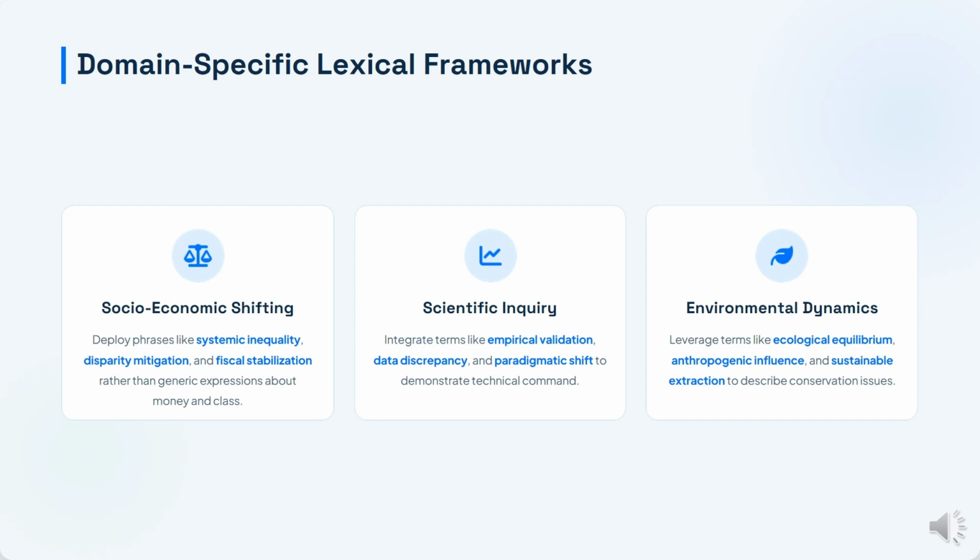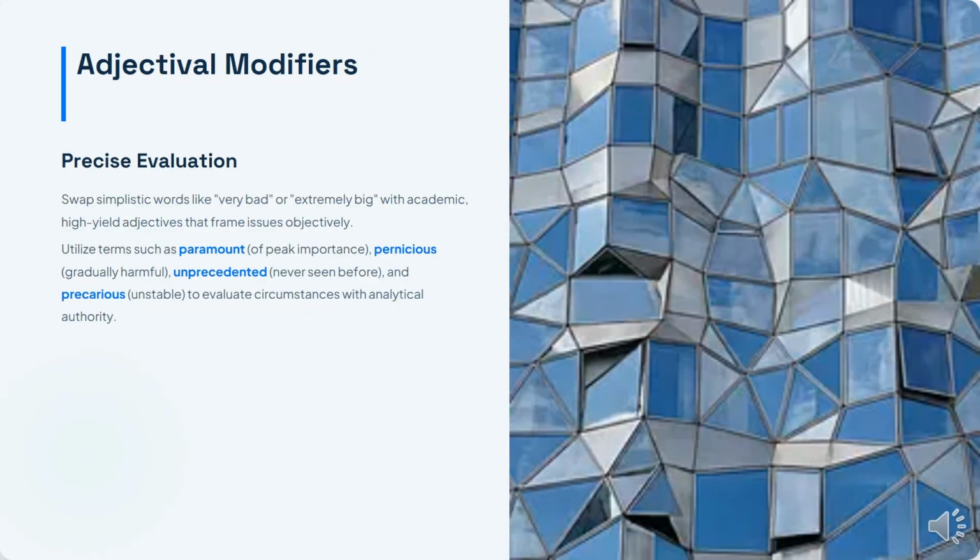So these are certain distinctions for domain-specific frameworks, and you can use these easily in describing essays related to these words. For having impact on your examiner or reader, when we use adjectival modifiers, it gives the impression that you're a well-read person and you know a variety of words that could be easily replaced.